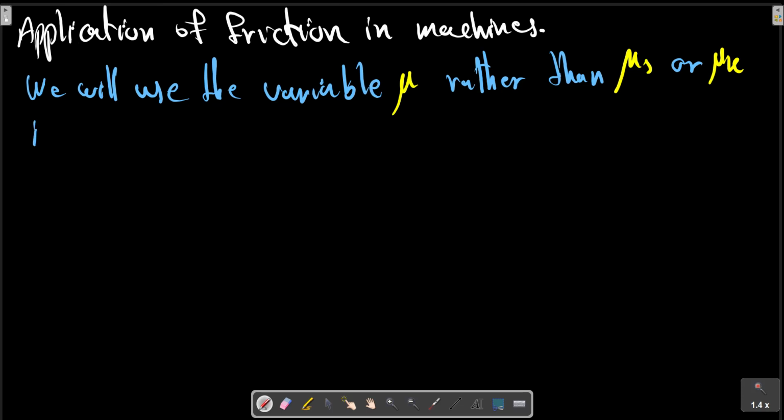In general, depending on whether motion is impending or actually occurring, mu can be interpreted as either the static or kinetic coefficient of friction. The first machine that will be discussed is wedges.